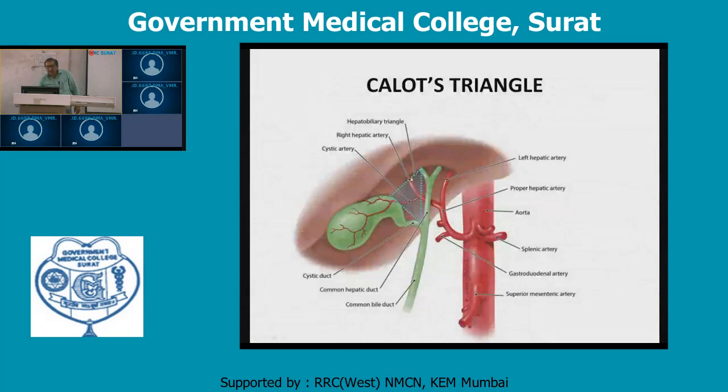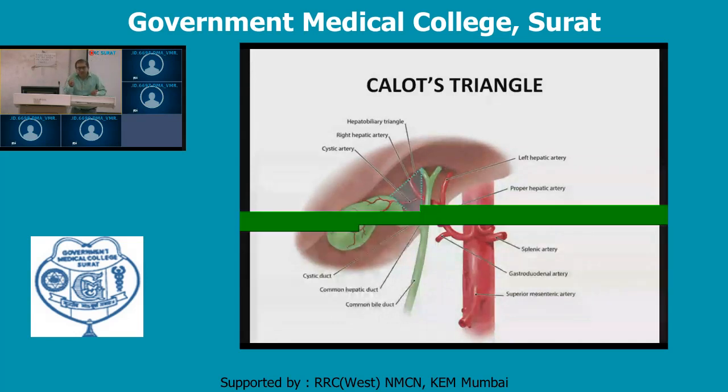That is the accessory hepatic duct. And if it is there, that also passes through this Kellogg's triangle. So what I want to explain is that this Kellogg's triangle contains the cystic artery as well as the cystic vein, lymph node and accessory hepatic ducts also.